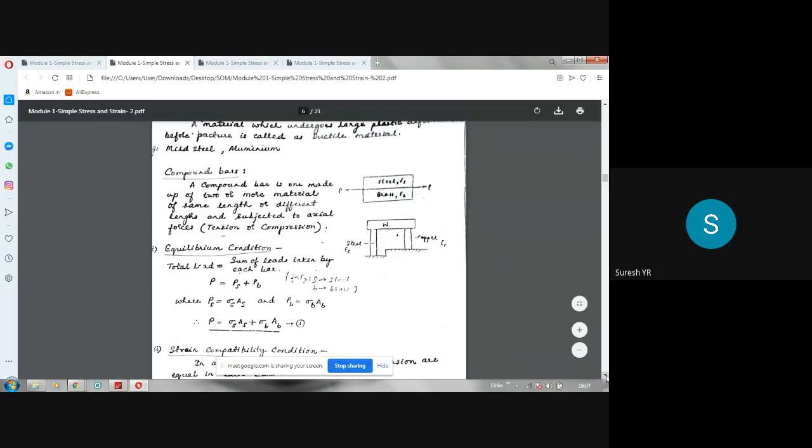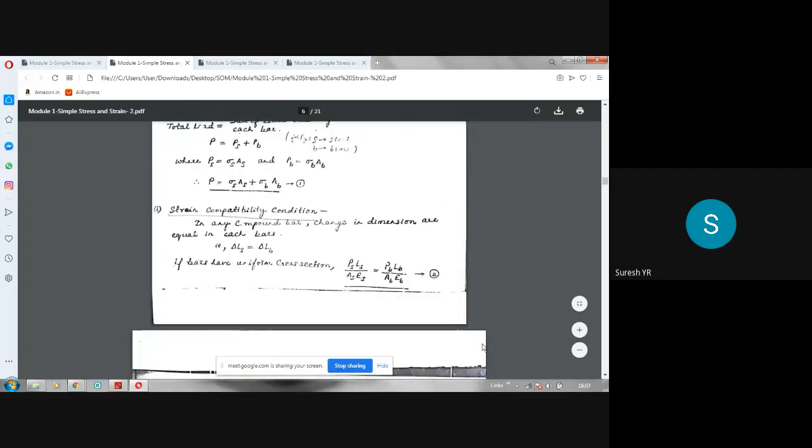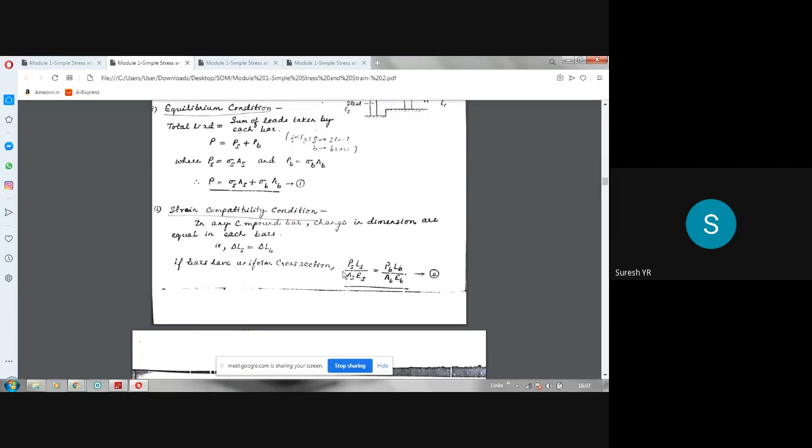Strain compatibility condition is the second one. According to the strain compatibility condition, the change in dimension in all the bars will be the same. That is, delta L_S is equal to delta L_B. Delta L_S is found using the formula P_S L_S by A_S E_S, equal to P_B L_B by A_B E_B. So PL by AE is the general formula we use: whatever load is shared by steel, multiplied by the length of steel, divided by area of steel into Young's modulus of steel.